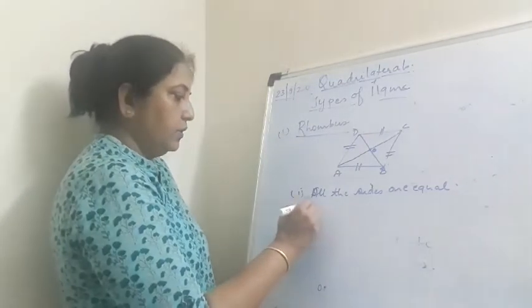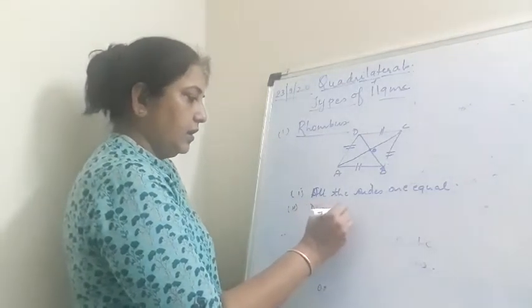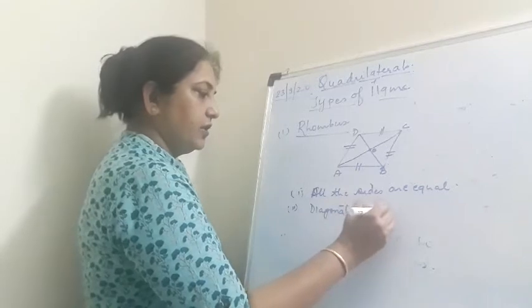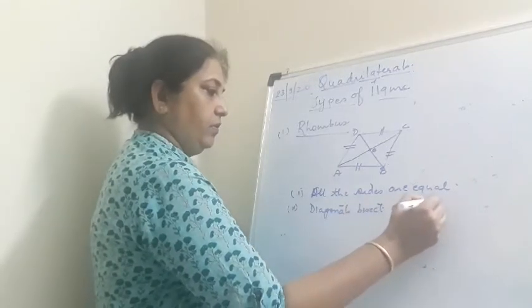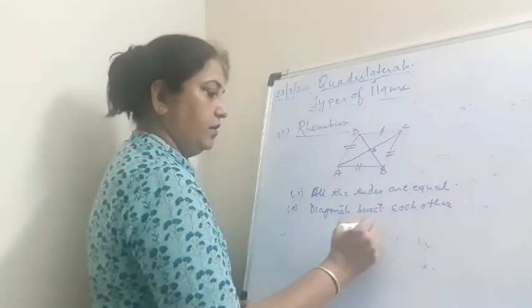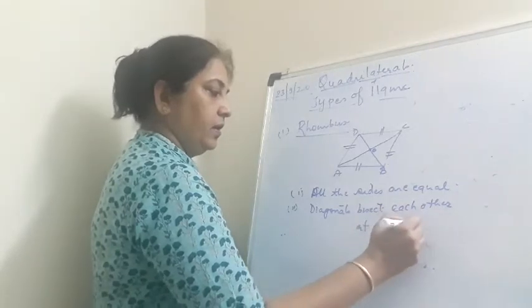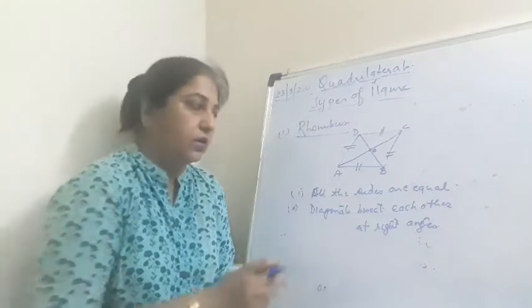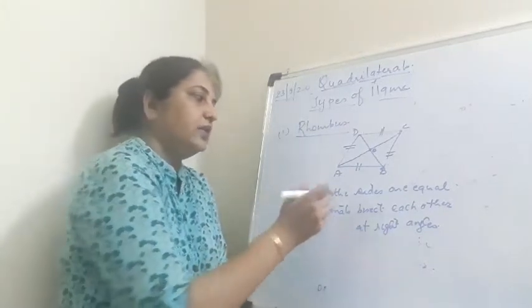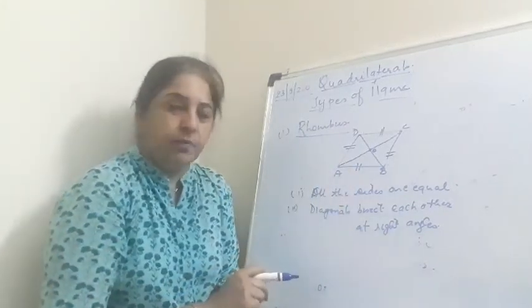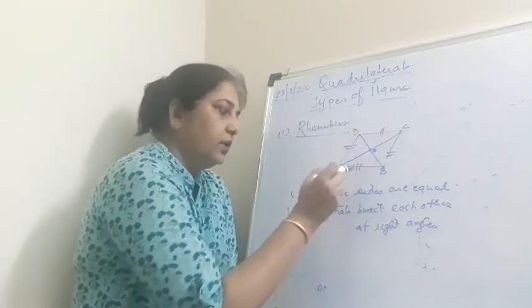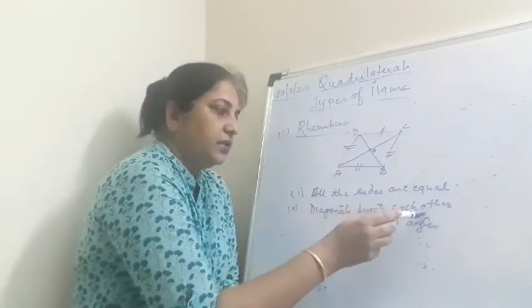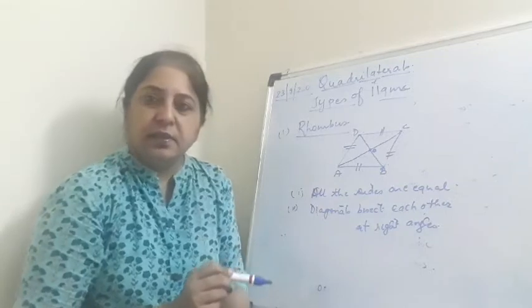Number two, the diagonals bisect each other at right angles. The properties of a parallelogram fit the rhombus. We know the opposite sides in a parallelogram are equal, so here also opposite sides are equal. Here the diagonals are bisecting each other, and in a parallelogram also the diagonals bisect each other.